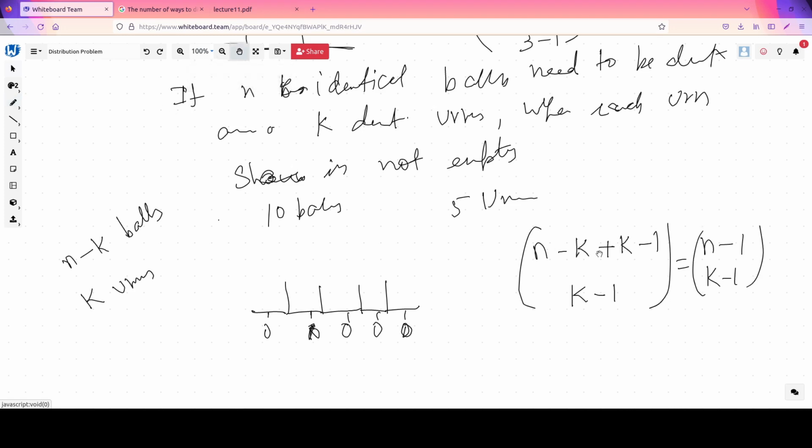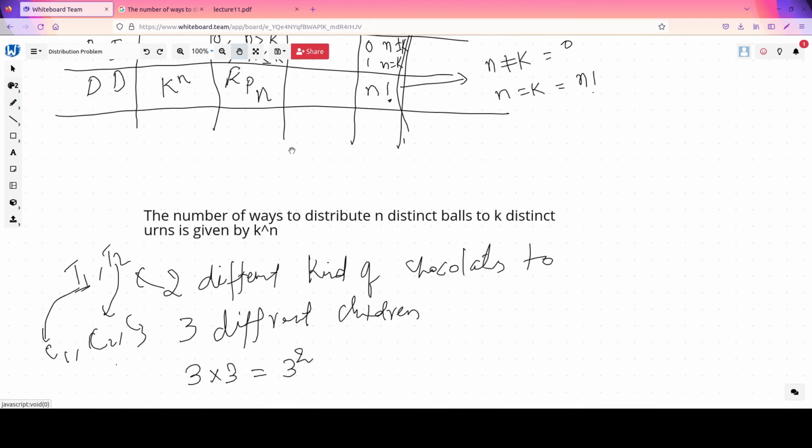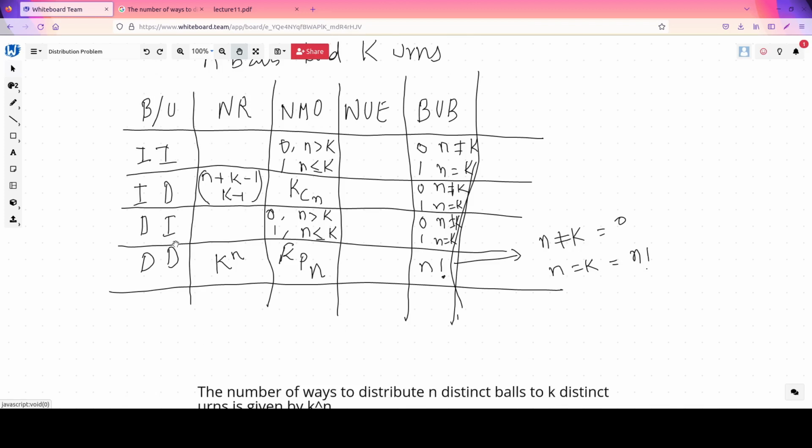Please note here the balls are identical, hence we don't need to rearrange the balls. So we finally come to this part. Here we have a condition that none of the urns could be empty. So we are done with this part as well, right? So it is nothing but n minus 1 C k minus 1.